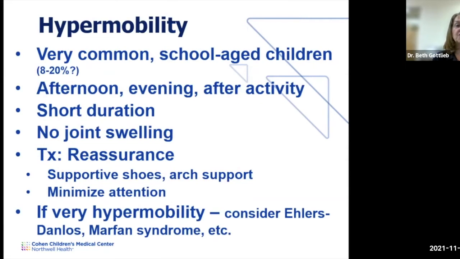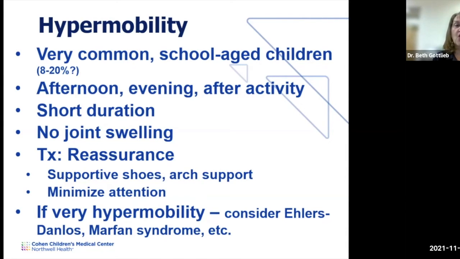Now, I'm just going to mention some of these common syndromes, and this is absolutely by far the number one thing that we diagnose for joint pains in school-age children. And statistics are a little tough to pin down on this because so many kids just aren't diagnosed.